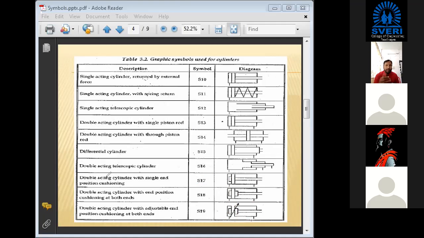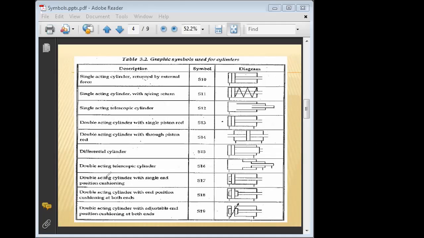When we start to learn about the cylinder, double acting cylinder, that time also you will get it as a schematic diagram, then this is a graphical diagram. Okay, that time also. Please draw all the symbols.